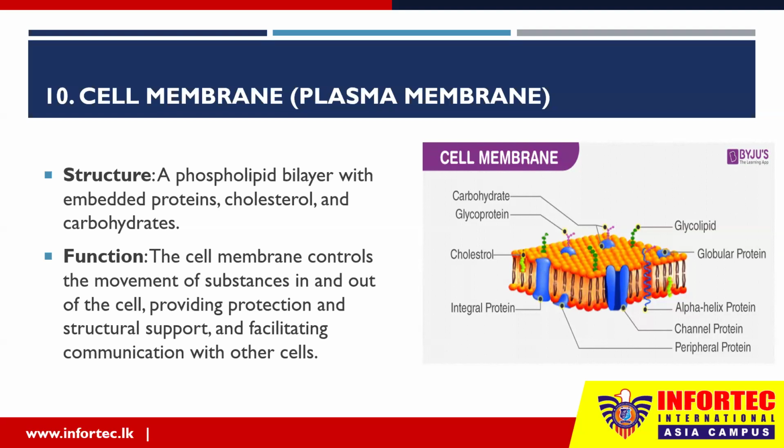On the outer layer, we can identify some lipids, and carbohydrates connect with them and are responsible for communication. When carbohydrates are connected to the lipids, we call them glycolipids, which means tiny carbohydrate chains are connected to the phospholipid bilayer. It is a combination of carbohydrate and lipid, and because of that we call it a glycolipid.